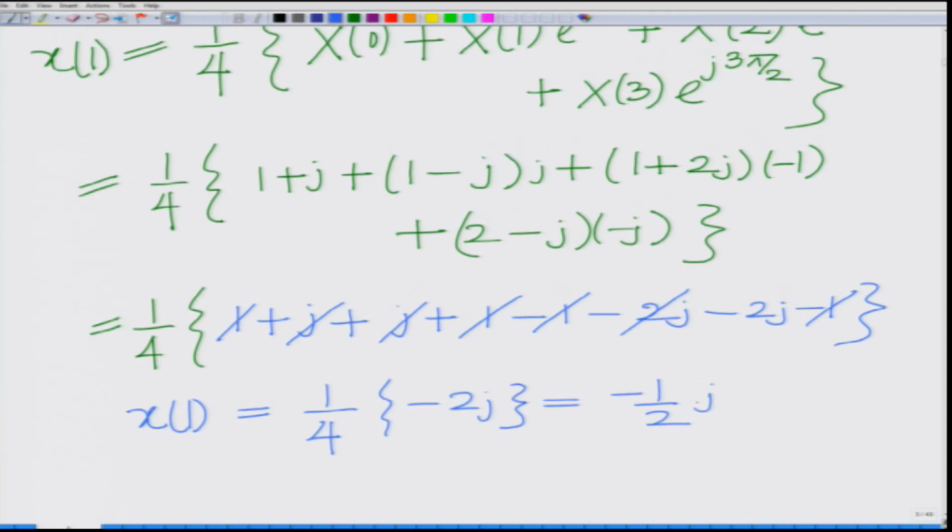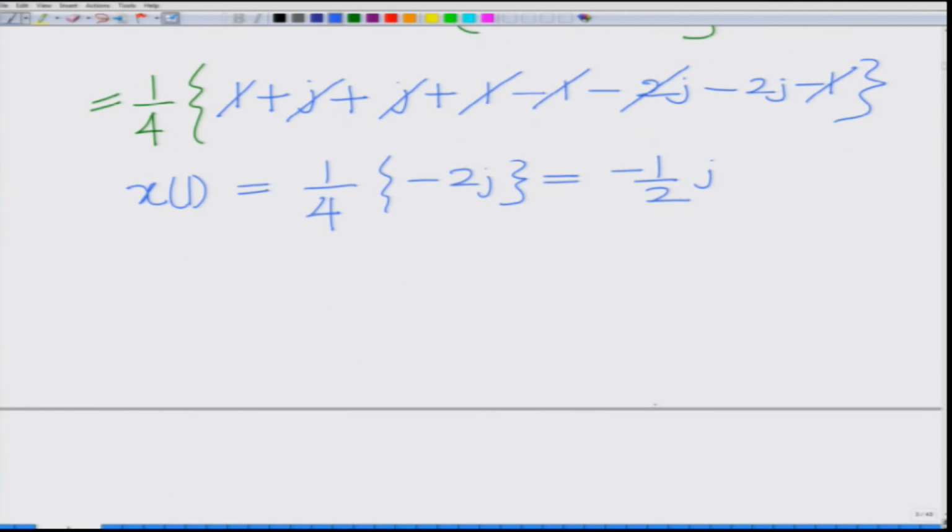Okay. Again, you can check all these calculations, please do them yourself and try to check these calculations. So, we have calculated the sample small x1 corresponding to k equal to 1 as minus half j. Okay.